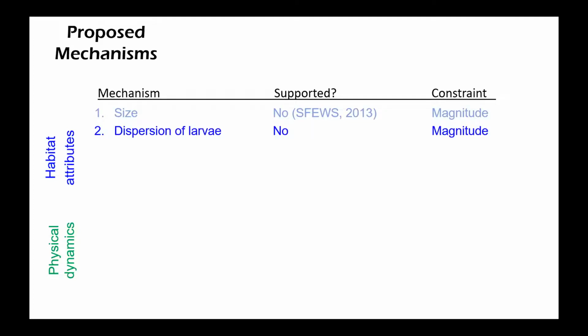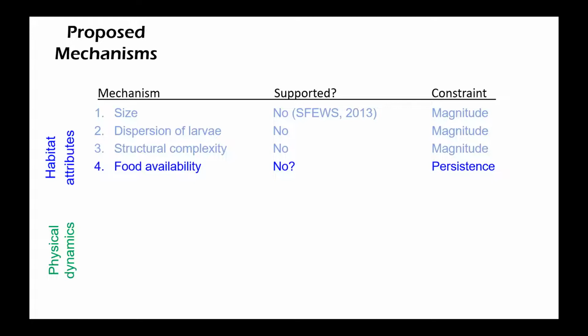The same with this early dispersion of larvae, and the same with structural complexity. I'm not going to talk in detail about these. Food availability lacks the persistence because it doesn't cover the entire time series from 1967 to present. Spawning habitat doesn't match the timing, and ocean conditions don't match the timing.